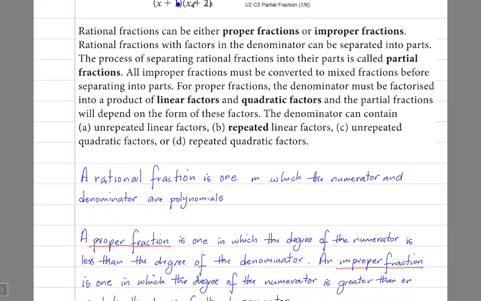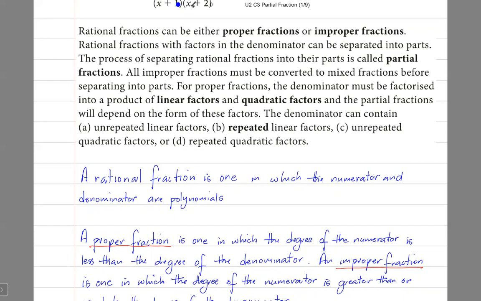The process of separating rational fractions into their parts is called partial fractions. All improper fractions must be converted to mixed fractions before separating into parts. For proper fractions, the denominator must be factorized into a product of linear factors and quadratic factors, and the partial fractions will depend on the form of these factors.